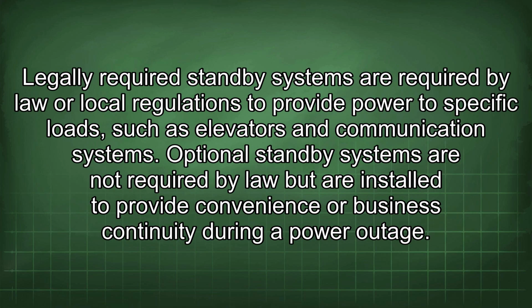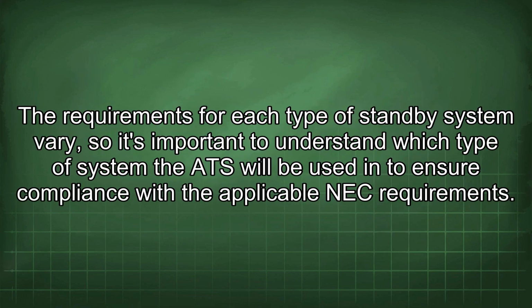Legally required standby systems are required by law or local regulations to provide power to specific loads, such as elevators and communication systems. Optional standby systems are not required by law, but are installed to provide convenience or business continuity during a power outage. The requirements for each type of standby system vary, so it's important to understand which type of system the ATS will be used in to ensure compliance with the applicable NEC requirements.